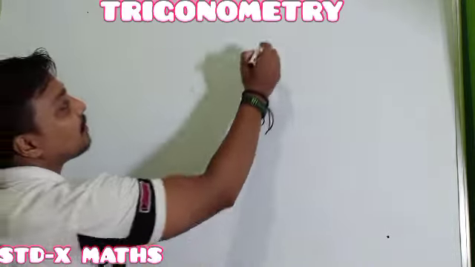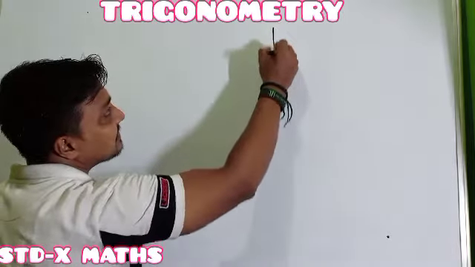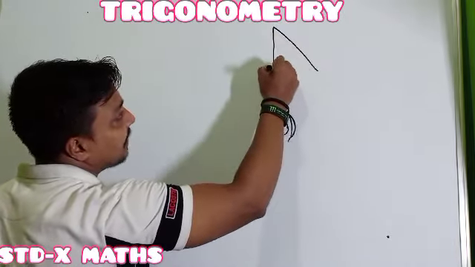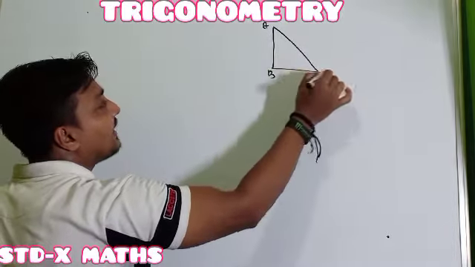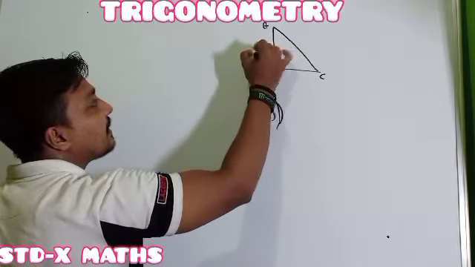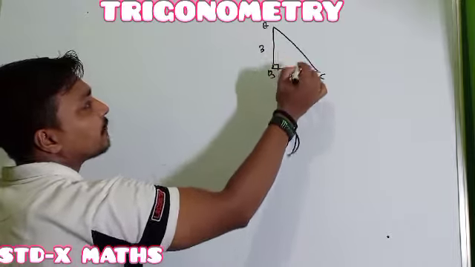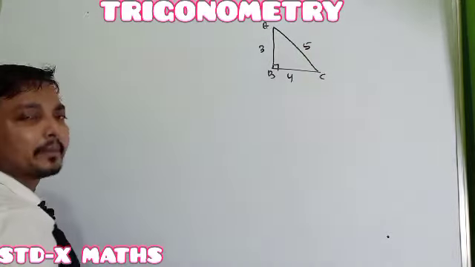See, the question will come just like this. First trick: a right angle triangle may be given with three sides: 3 centimeter, 4 centimeter, and 5 centimeter.